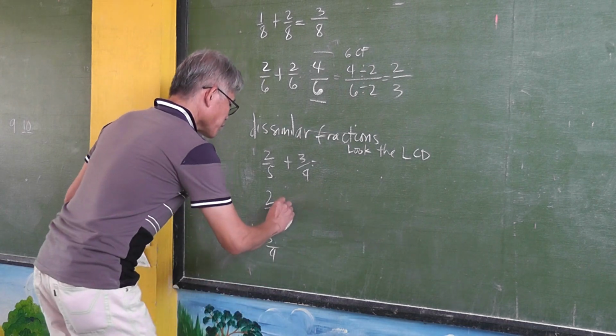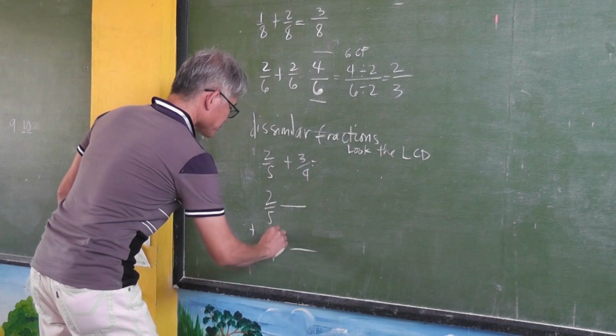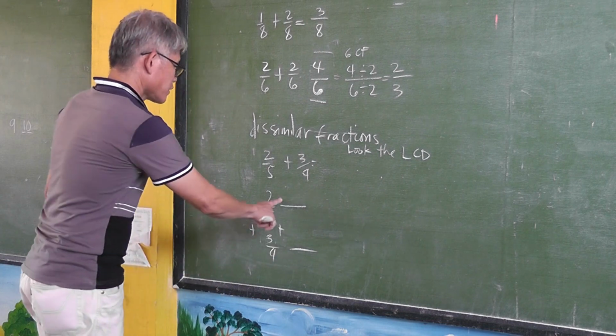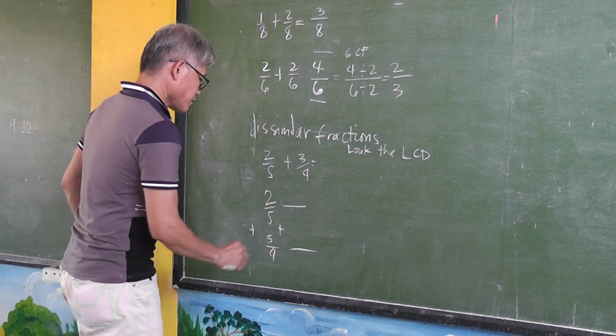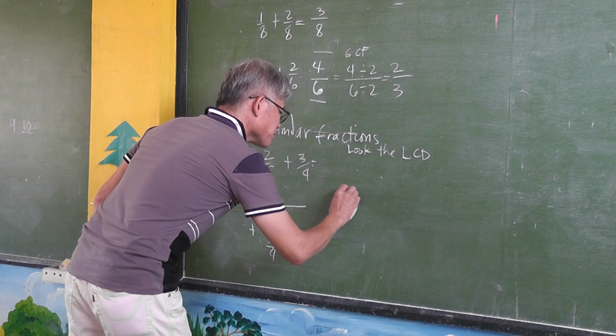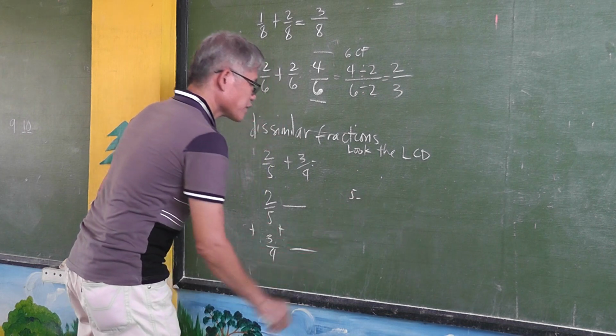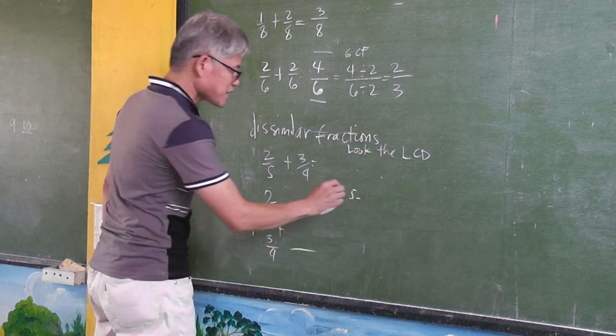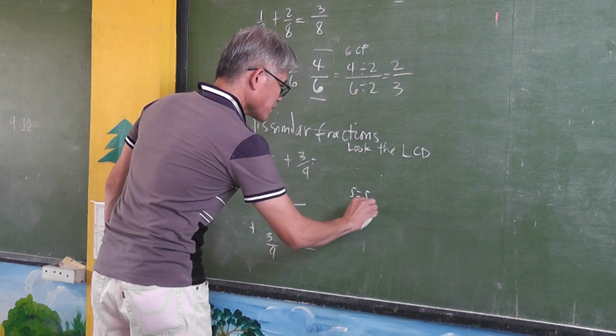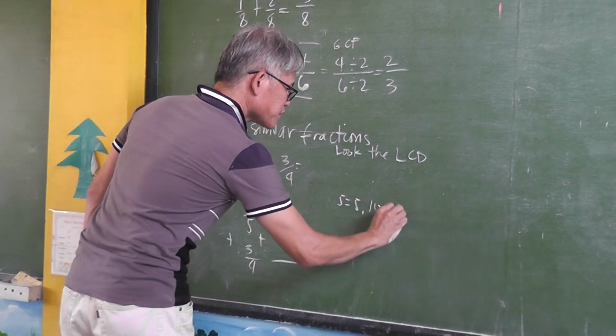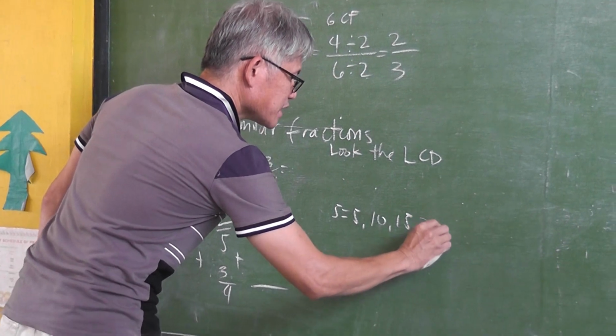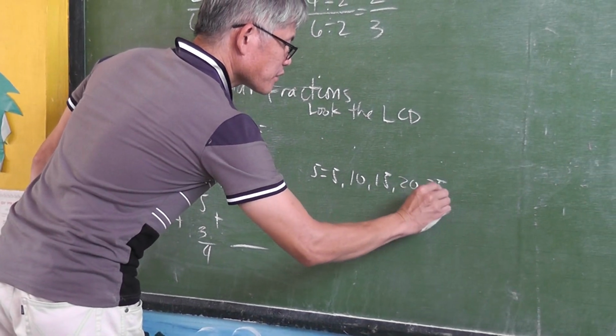So we'll try. What are the multiples of 5? The least multiple of a number is itself, so we have 5, then 10, 15, 20, 25, 30.